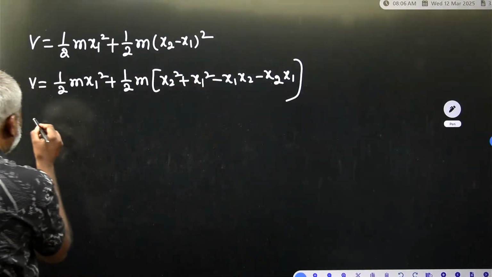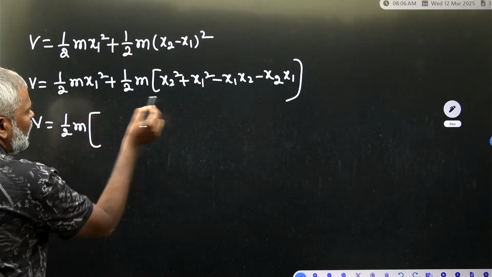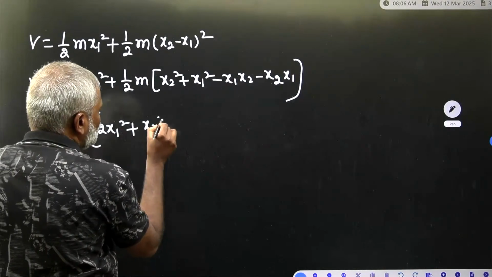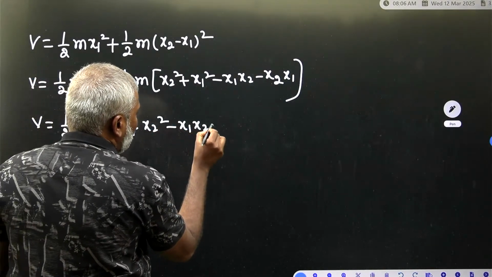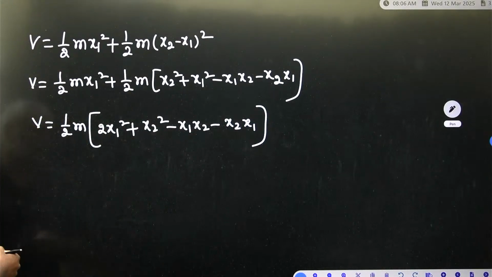Therefore V is equal to 1 by 2 k, 2 x1 square plus x2 square minus x1 x2 minus x2 x1. This is the potential energy.